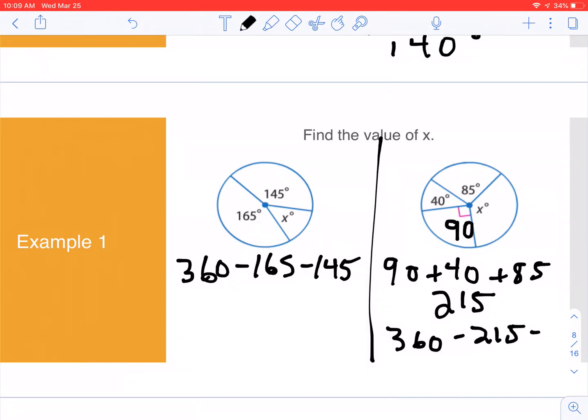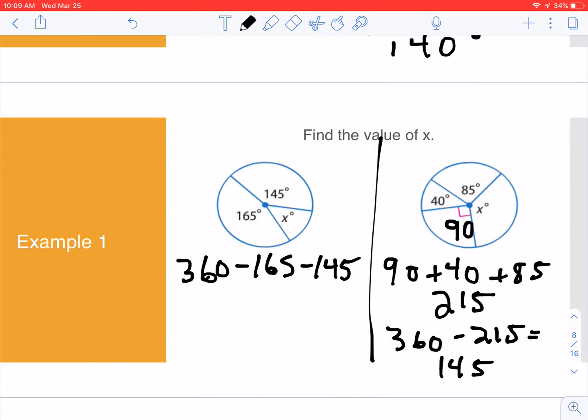Make sure you have a calculator. Use your phone calculator to solve. It's going to be 145. Okay, let me go back to this one here. I'm going to do 360 minus 165 first.